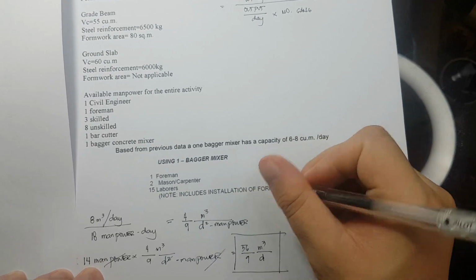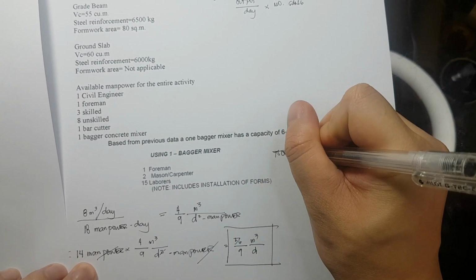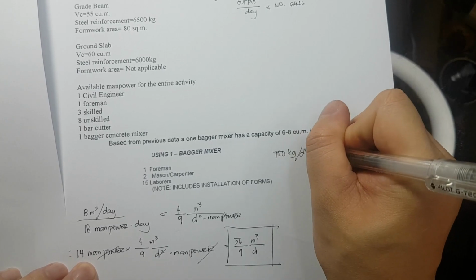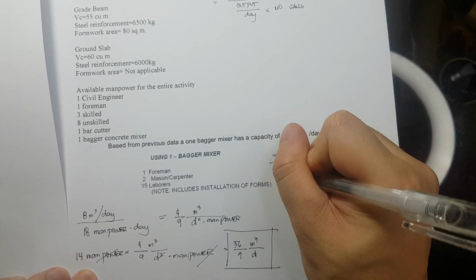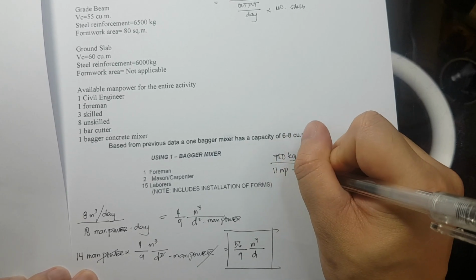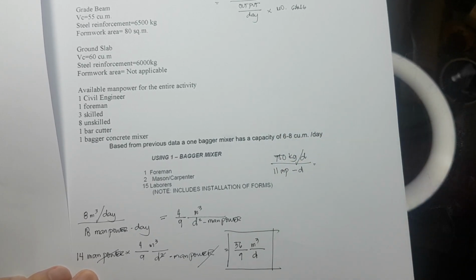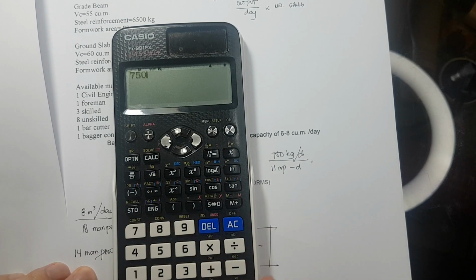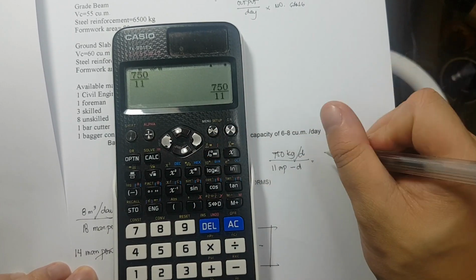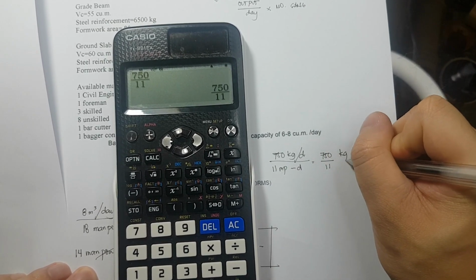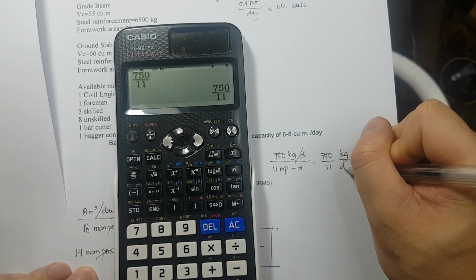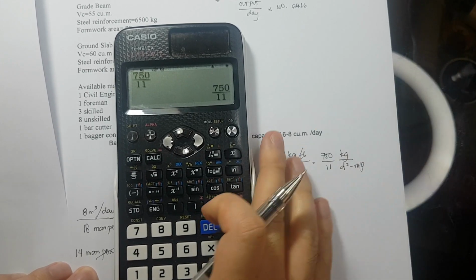So, we have here 750 kilograms per day divided by 11 manpower per day. So, that is equivalent to 750 divided by 11. That is equivalent to 750 over 11 kilogram per day squared manpower.